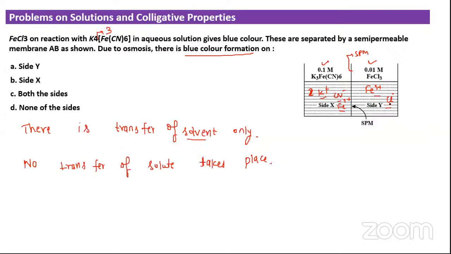तो ये जब ट्रांसफर होंगे ही नहीं इन दिस सेमी परमिएबल मेम्ब्रेन, so how will they even interact? So there won't be any reaction at all. So that's why there will be blue color formation on none of the sides. ठीक है. So option D is correct. ठीक है. So ask if any doubts are there.